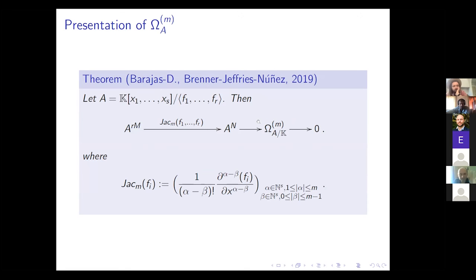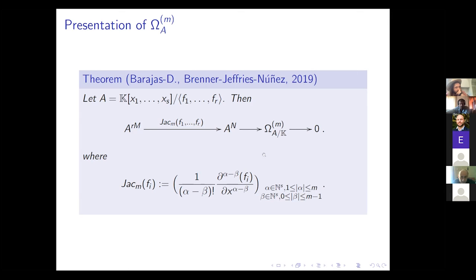It's very similar to what happens to the module of Kähler differentials, but here we must take higher order derivatives. So a huge matrix with a lot of derivatives, arranged in some order. So we have an explicit presentation.